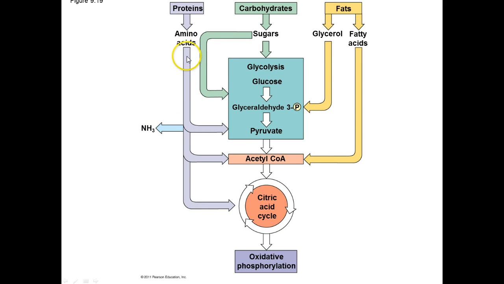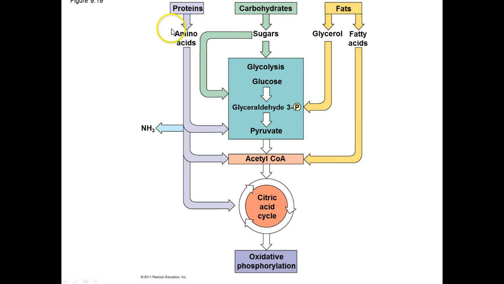Then, those parts can go different ways: one of them can act as sugar, and one can go directly into making acetyl coenzyme A, or go directly into the citric acid cycle. And keep in mind that proteins, carbohydrates, and fats can all be stored as fats and then broken down for later use too.